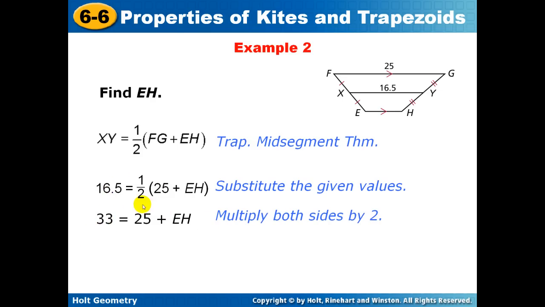And then that half cancels out that divide by 2, leaving 25 plus EH. And then I'm just going to subtract 25 from both sides to finish solving, and EH ends up being 13. So 16.5 is the average of 13 and 25. And that's how we find our trapezoid mid-segment.